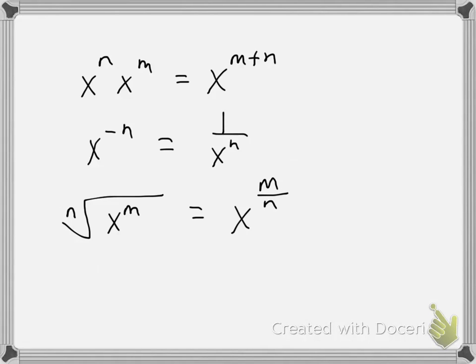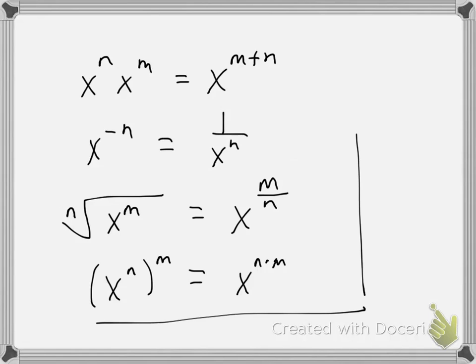Okay, and then lastly, if we have x to the n all raised to the m, then this is when we multiply. Okay, so that just summarizes all of the rules with exponents.